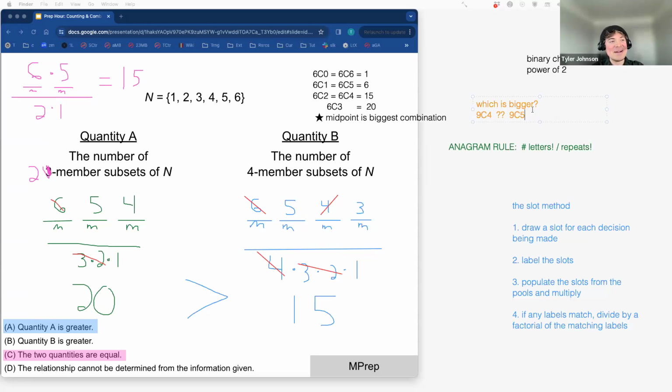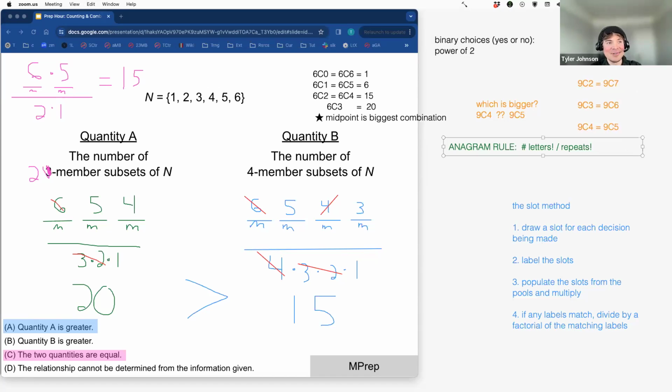Yeah, I'm being sneaky there. Neither is bigger, they're equal because it's going to be symmetrical. The choose 0 and the choose 9 are equal, and then they meet in the midpoint. 9 choose 4 and 9 choose 5 are the same value.